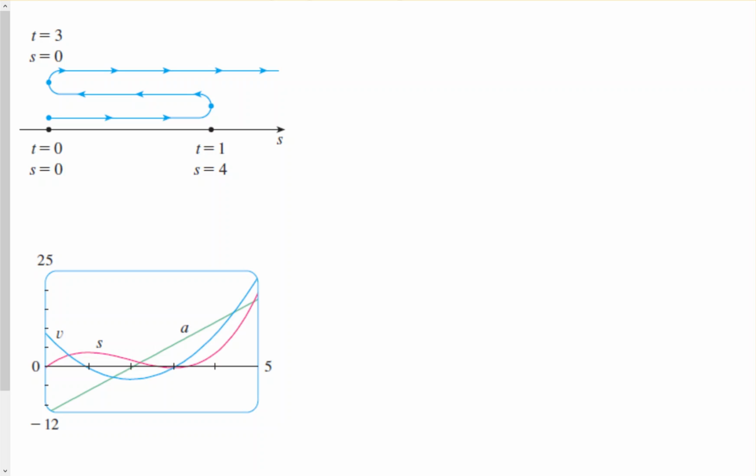Okay, when is the particle speeding up? Well, the particle speeds up when velocity is positive and increasing. So velocity is positive, acceleration is positive.